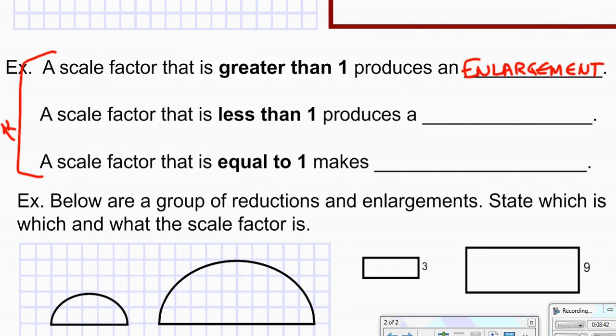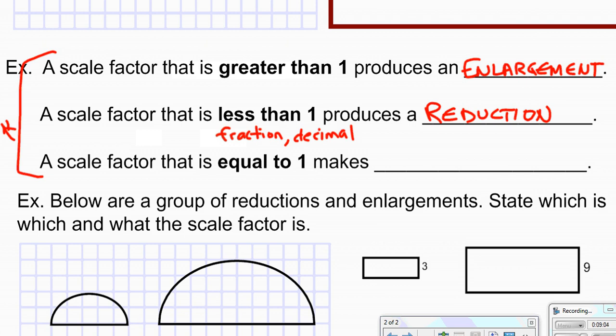And then if we're multiplying by a scale factor that is less than 1, so it's either a proper fraction, or it's a decimal with no whole number, you are going to make a reduction, because you are multiplying by less than itself.